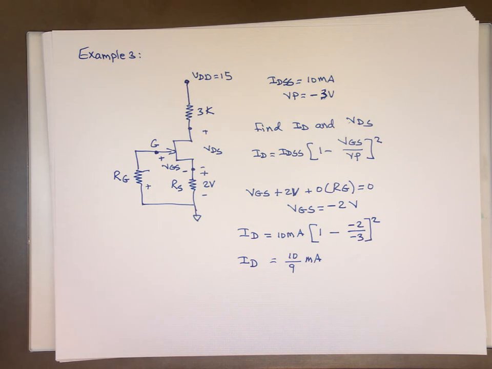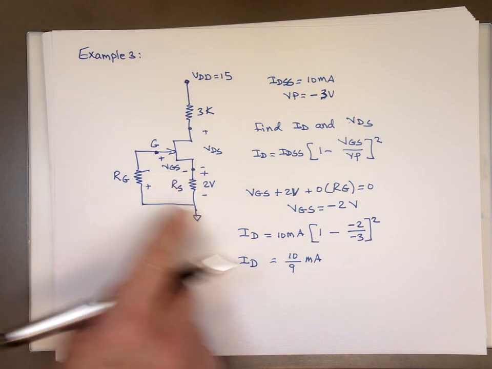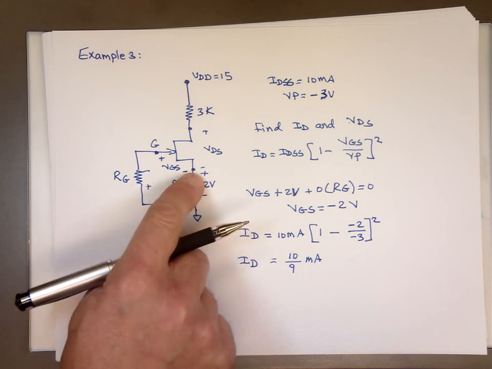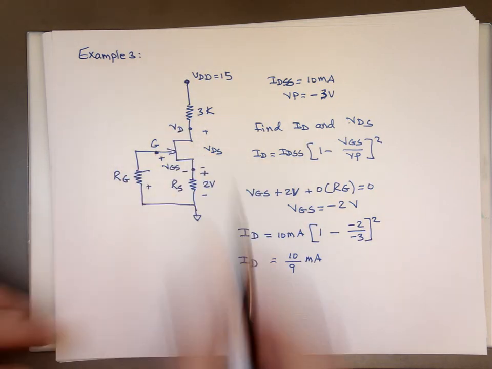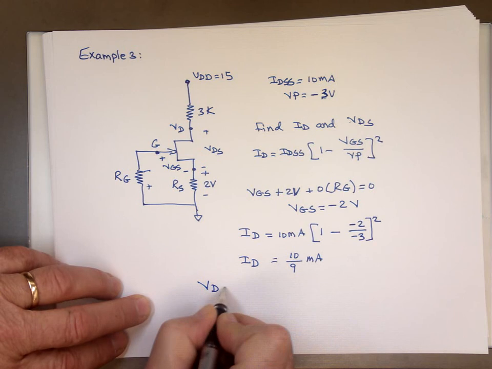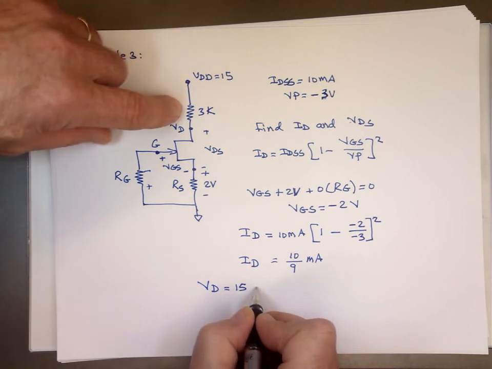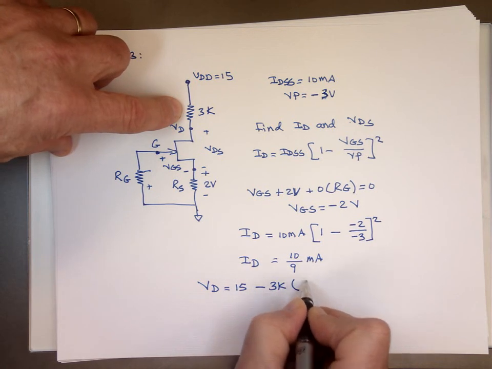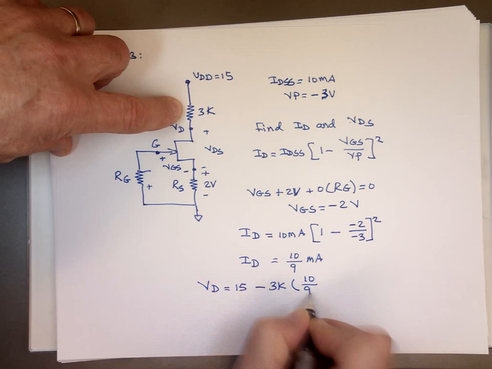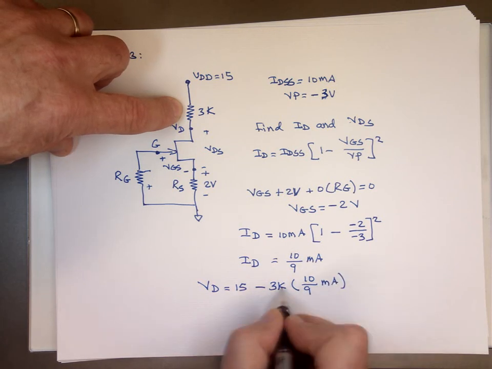Now if I know that, can I find VDS? Well, I know what VS is here. VS is 2 volts. I gave you that one. Do I know what VD is, the voltage right here? Well, VD should equal the 15 volts, which is VDD, the source, minus the drop here, which is 3K times I sub D, and I sub D is 10 divided by 9 milliamp. The K and the milli will cancel each other out.